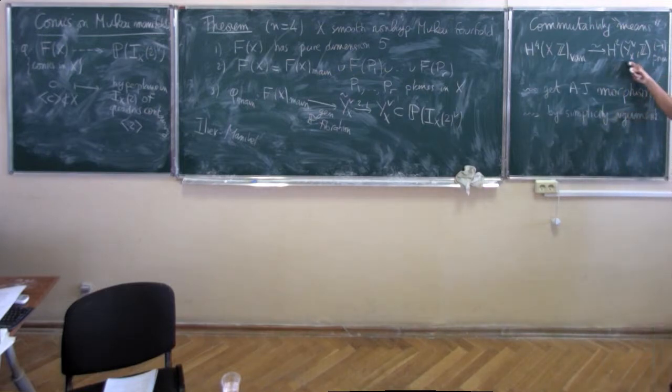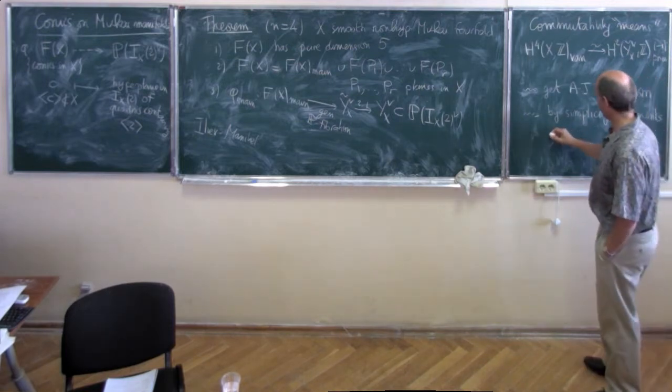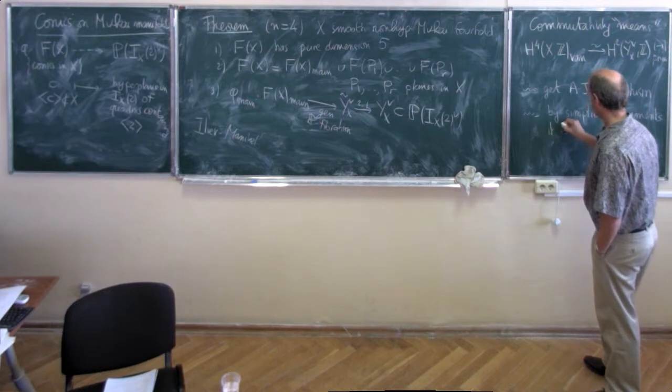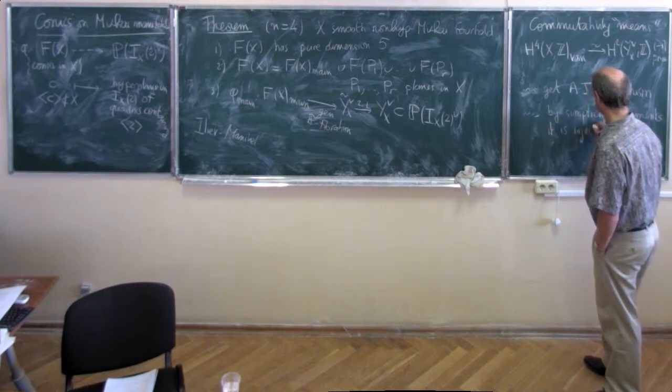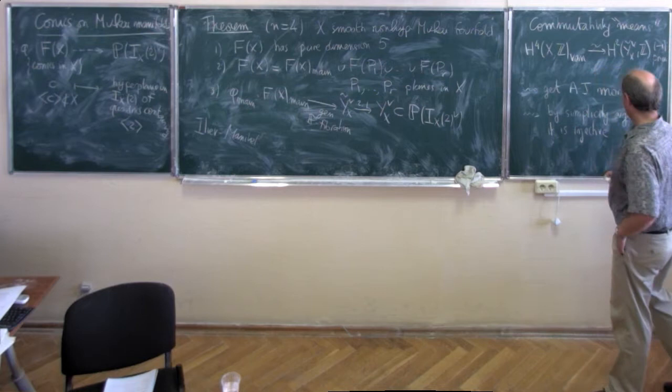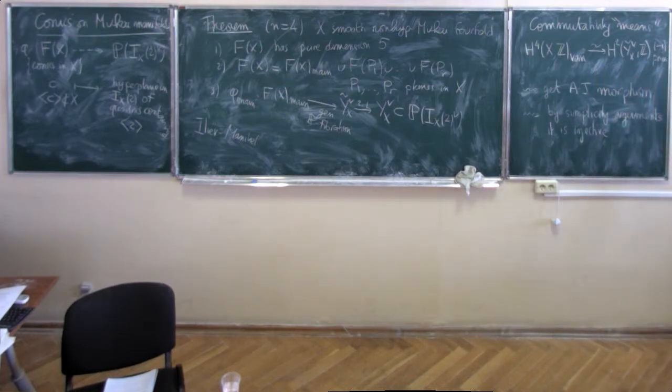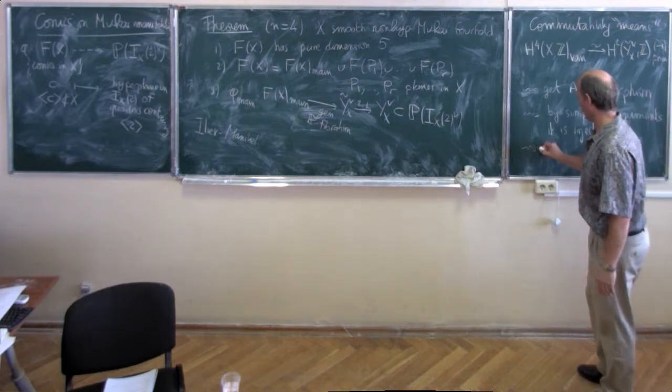I'm trying to prove that this map here is an isomorphism. By simplicity arguments, you can show that it is injective. And so to prove that it is an isomorphism, I actually reduce to the case of cubics.